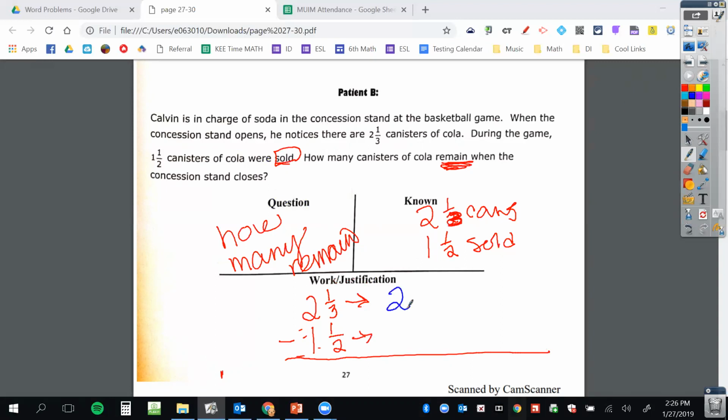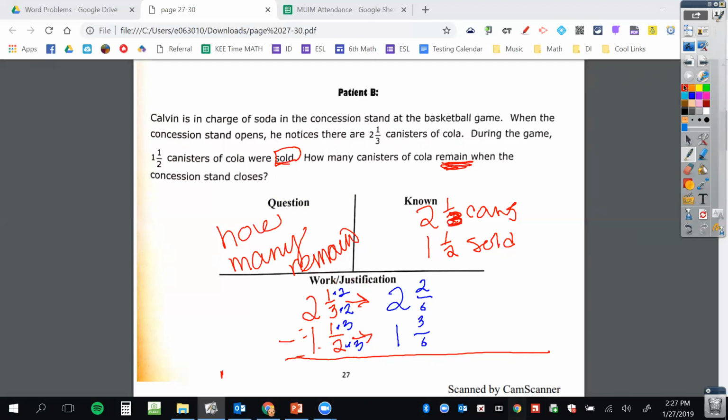So whole number 2 and a 1 stay. Again, I know my common denominator is 6 because I've got a 3 and a 2, so I know my denominator is going to be 6. And if I look over here, well, 3 times 2 is 6, 1 times 2 is 2, and 2 times 3 is 6, so 1 times 3 is 3.